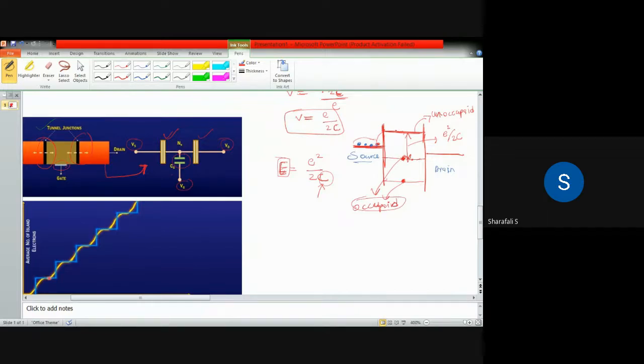Only then can it go to the drain side. Otherwise, it cannot move. It has to get this much energy, this E square by 2c energy, to cross the Coulombic blockade. Then it can move.